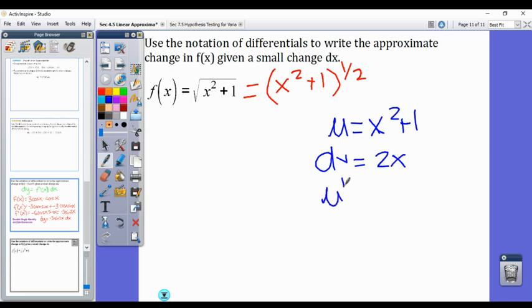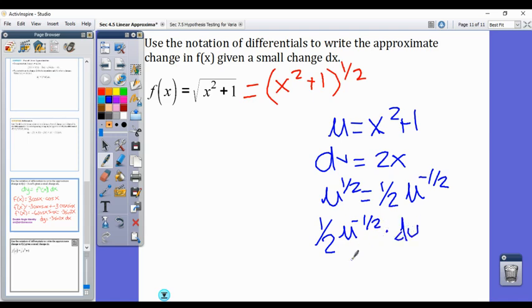And then u to the 1/2 power. When I did my derivative, I would get 1/2 u to the -1/2 times du. So in this case, it would be 1/2 times x squared plus 1 to the -1/2 times 2x.